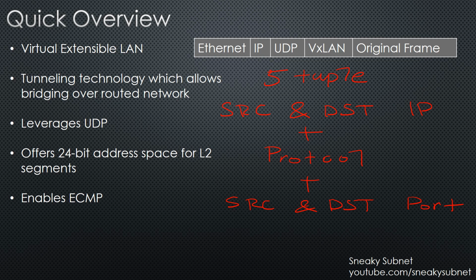VxLAN networks load balance traffic via changing UDP source port number for different flows at VTEP level. We will explore it in more detail later, but remember that this thing is really important.